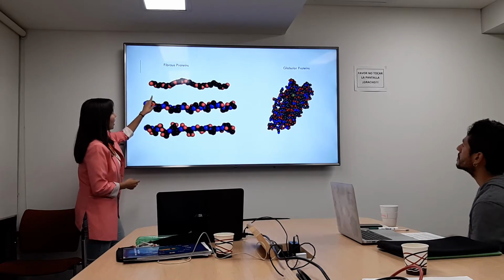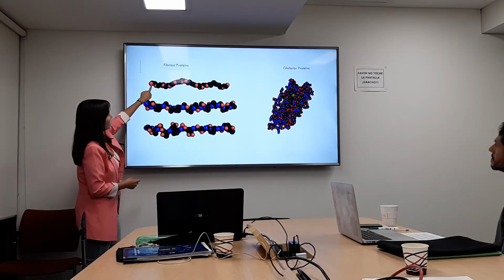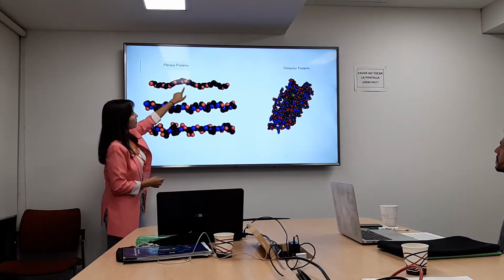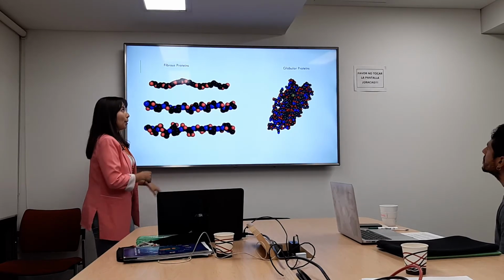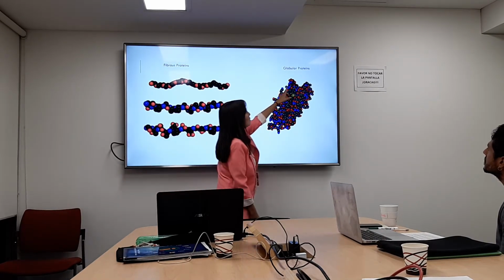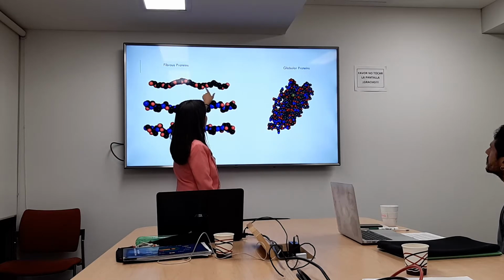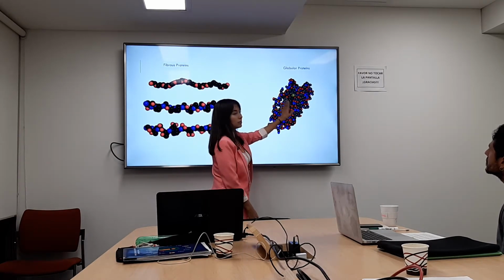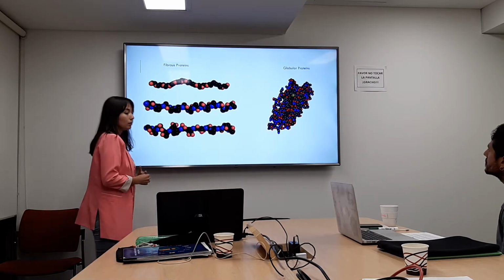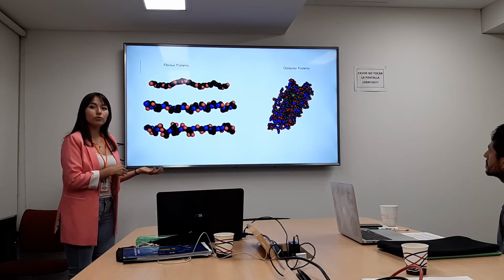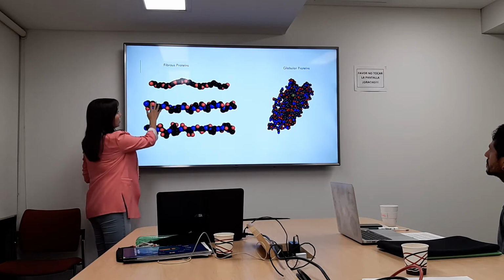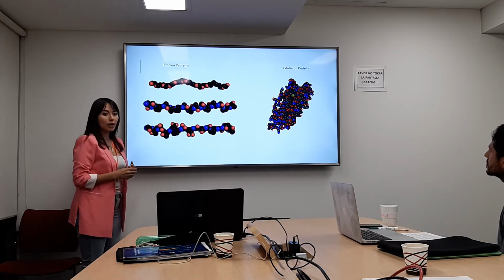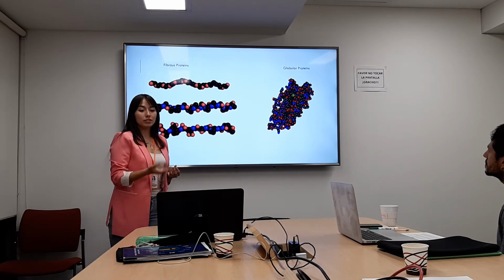Fibrous proteins are just the amino acids joined together forming a linear structure. But globular proteins imply that this linear structure is folded on itself. To go back to the example of collagen, collagen is a structural fibrous protein that provides the joints within a tissue.